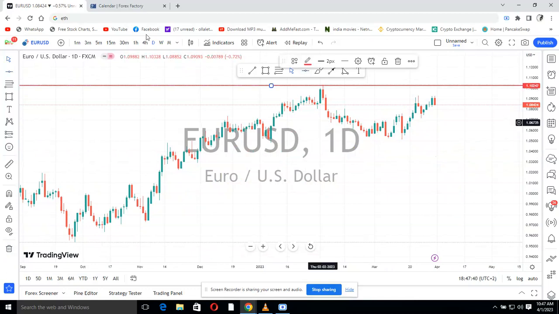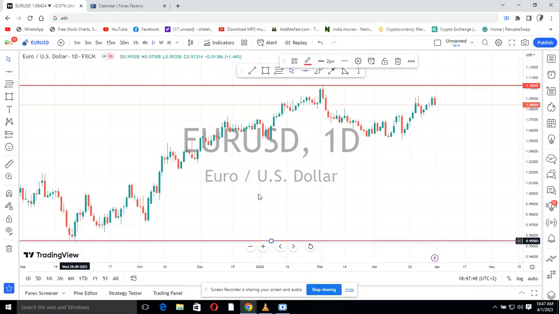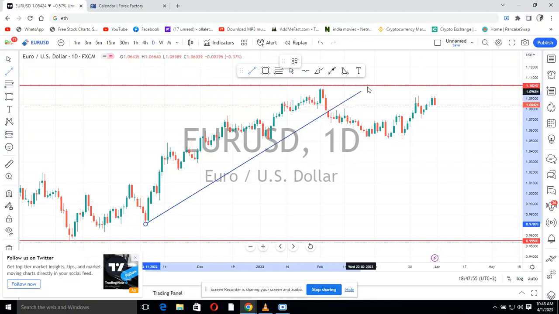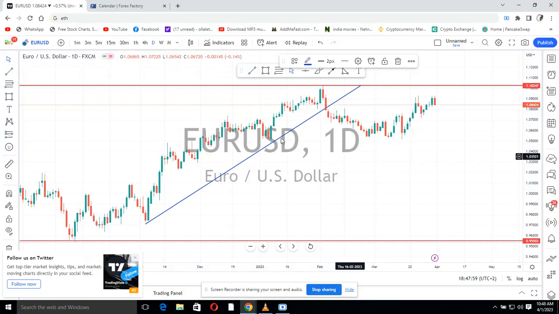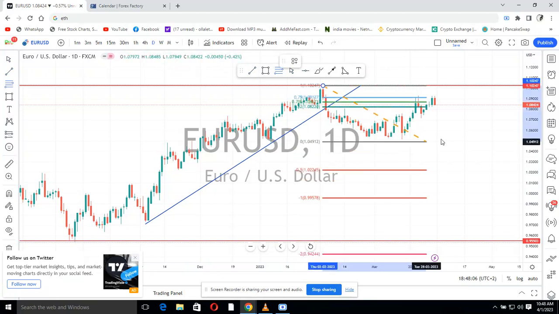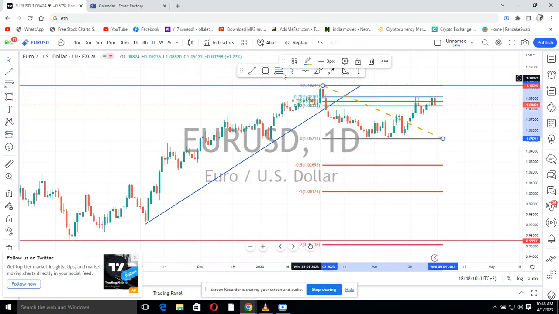Previous resistance on daily time frame, peak formation low on daily time frame, breakout, price breakout. This is the retest. Let's check our fib. You can see the way price reacts to that zone entry.